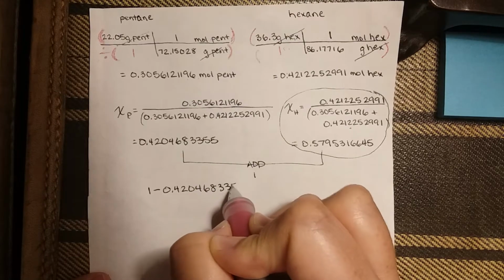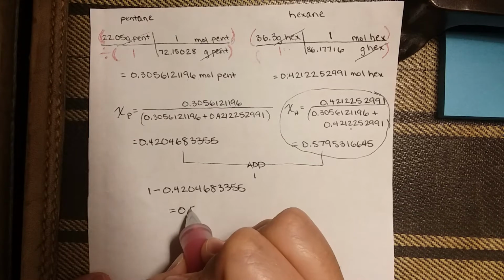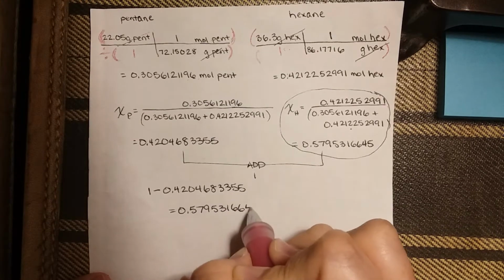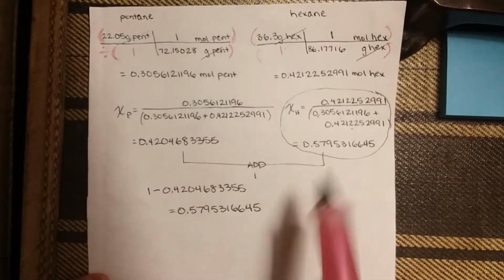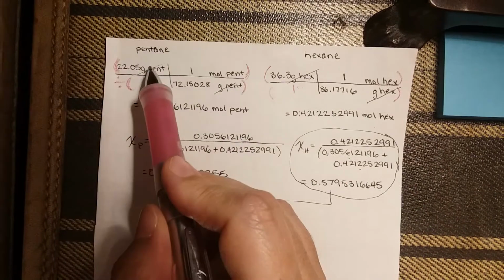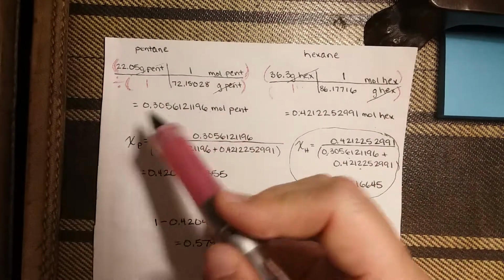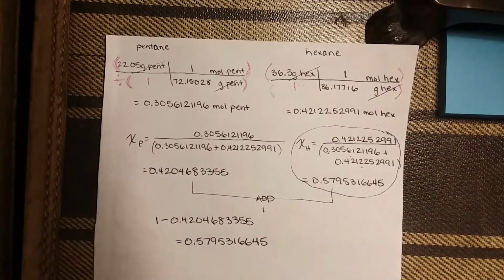And if you stick that into your calculator, you'll see that it equals the mole fraction of hexane. But I didn't want to show that to you at first because conceptually it's less straightforward than this. Similar idea is this. You could have just taken this number and divided by this number, but in case there's any confusion anywhere, I wanted to go about it the proper route.